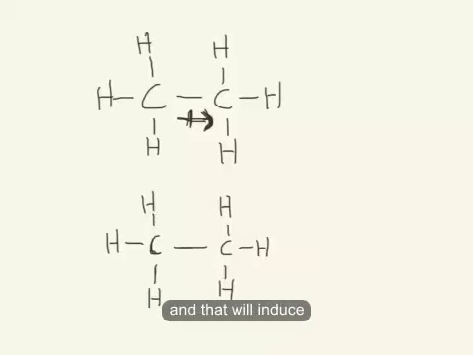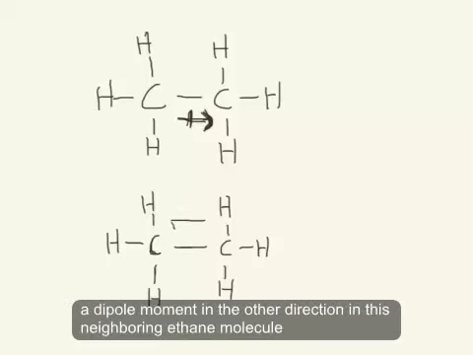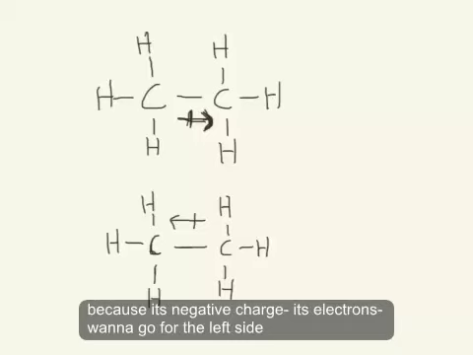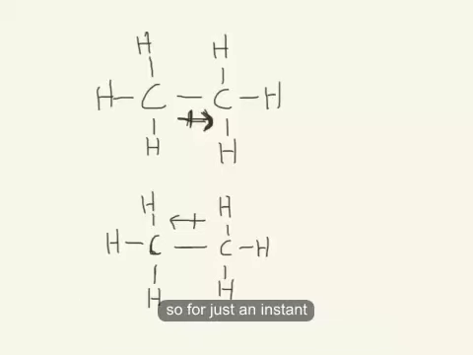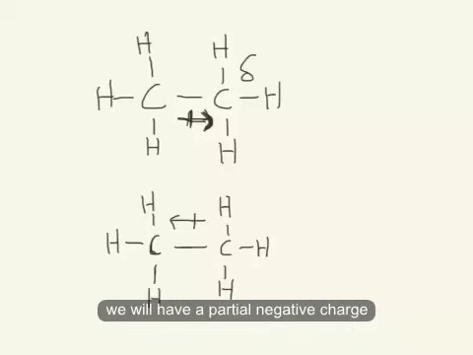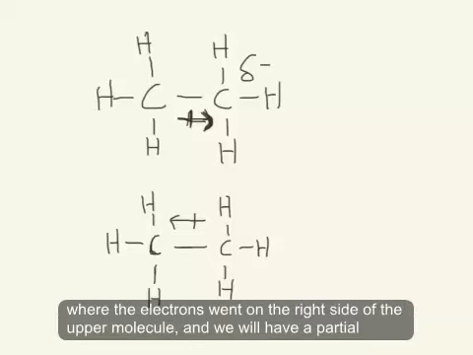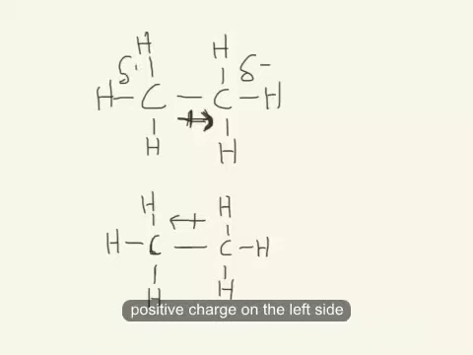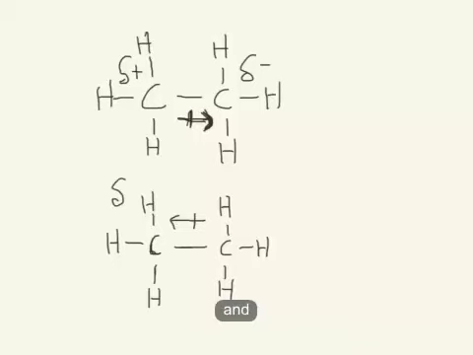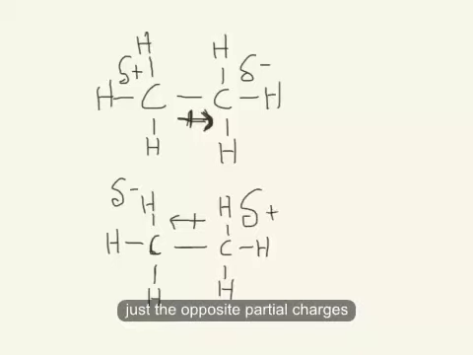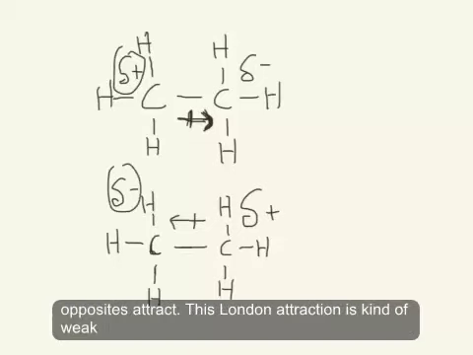And that will induce a dipole moment in the other direction in this neighboring ethane molecule, because its negative charge, its electrons, will want to go toward the left side. So for just an instant, we'll have a partial negative charge where the electrons went on the right side of the upper molecule, and we'll have a partial positive charge on the left side, and the opposite partial charges on the bottom ethane, and these opposites attract.